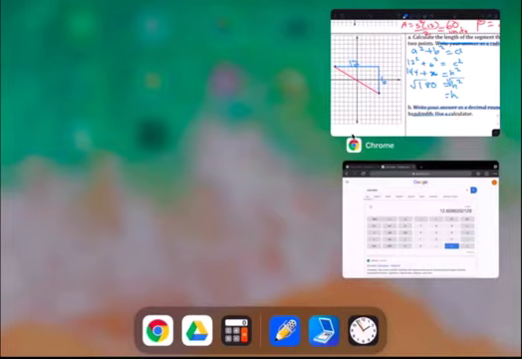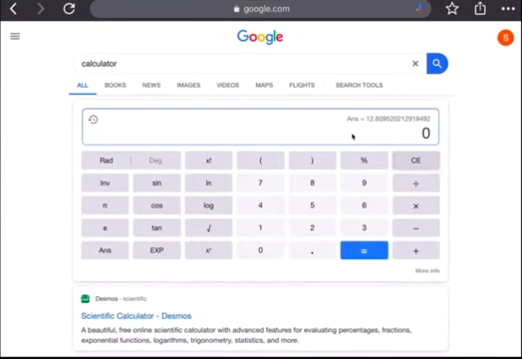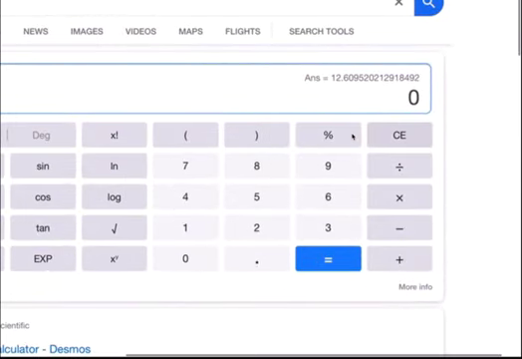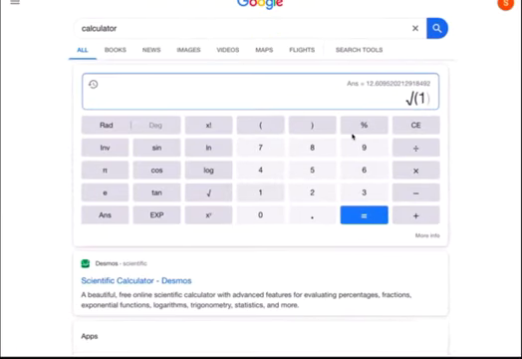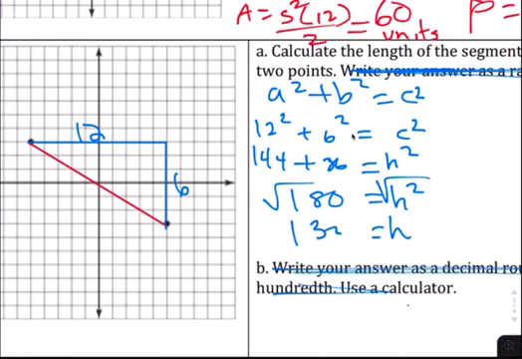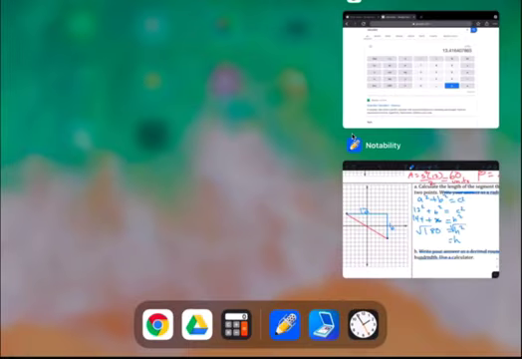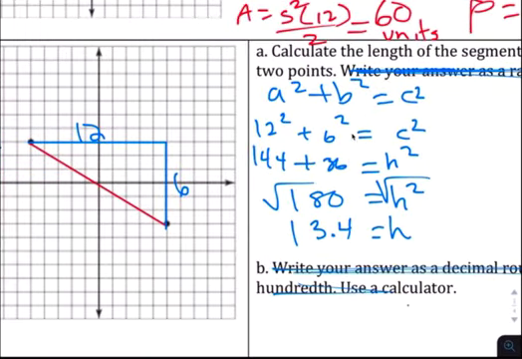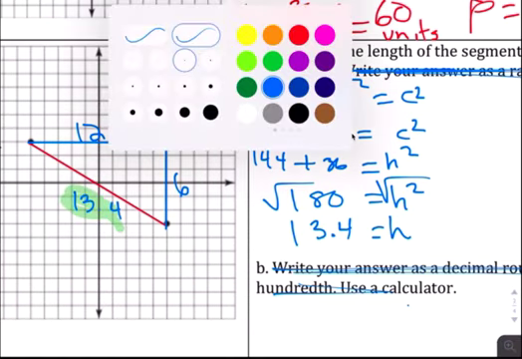Okay. 13.4. So this is 13.4. This is important for later when you're trying to find the perimeter, right?